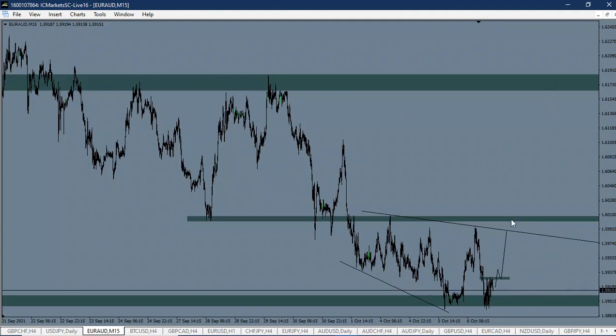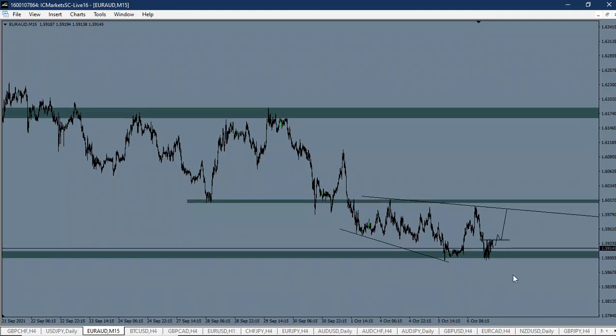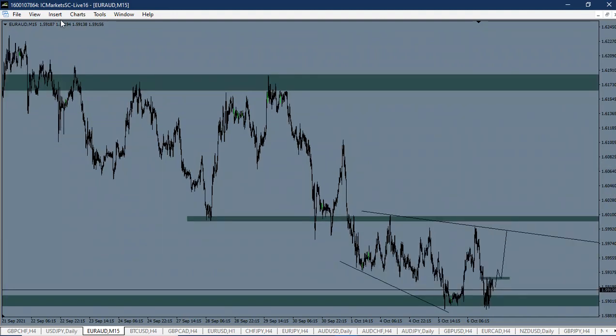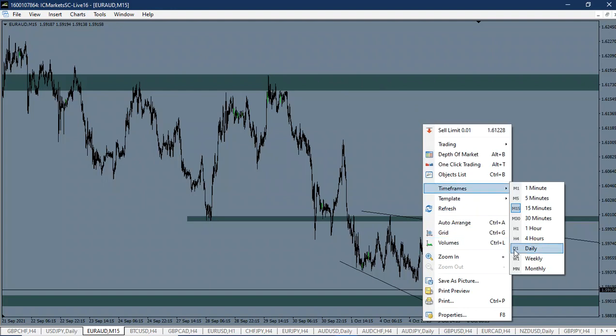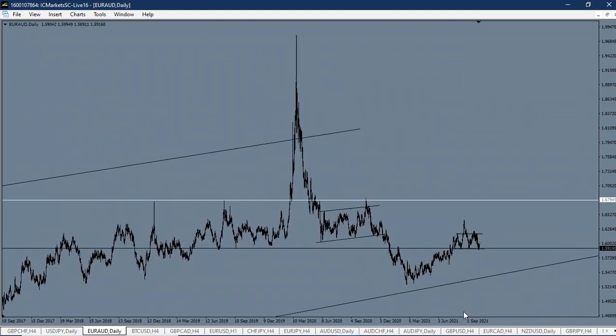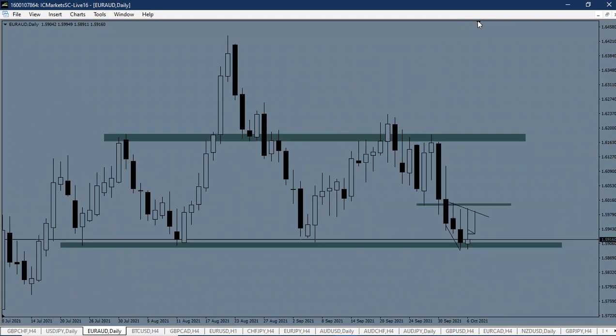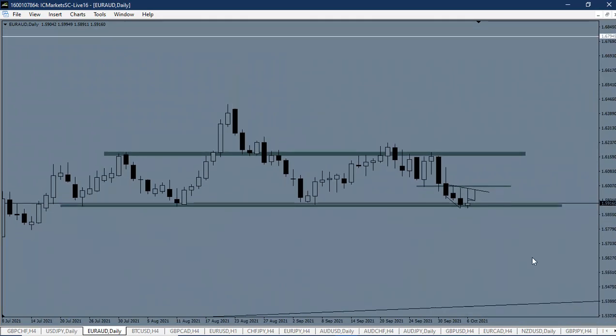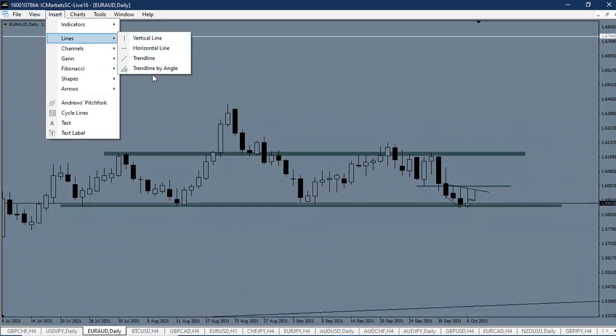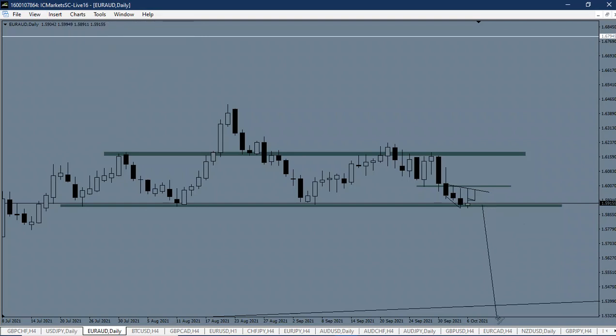However, if it reverses from this level going out towards the downside, then we know that this zone will probably be broken and price will be retesting this strong neckline right here, and we'll be taking our sales towards the downside, right there, like this.